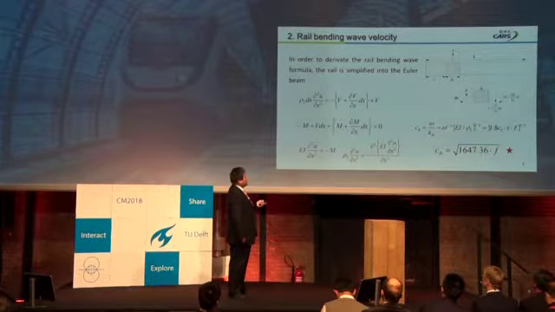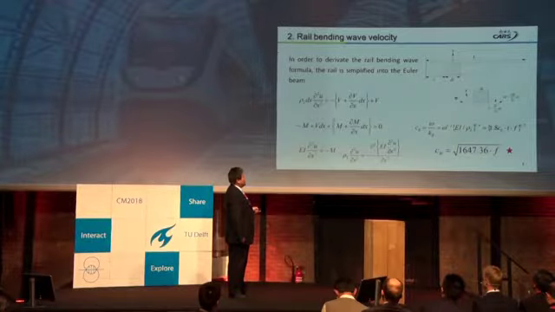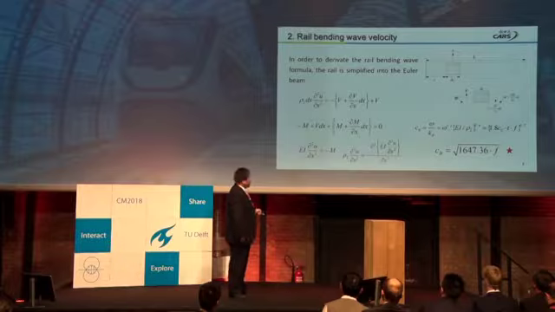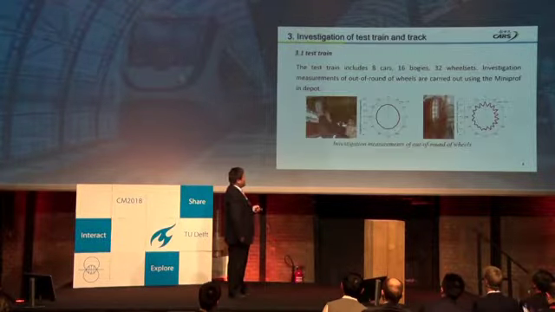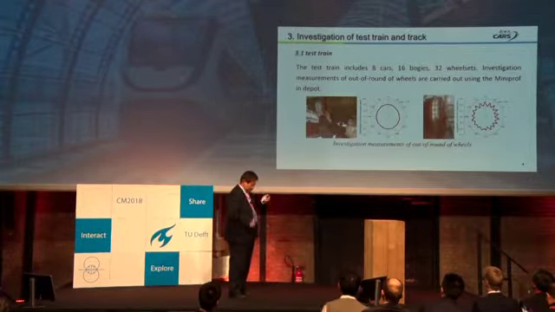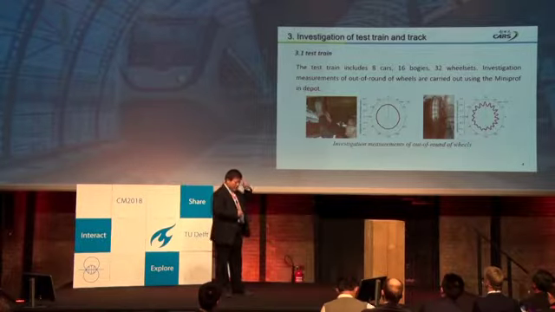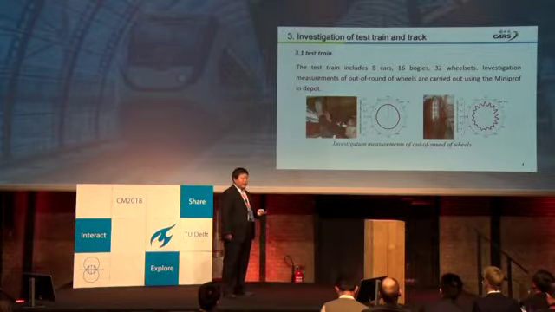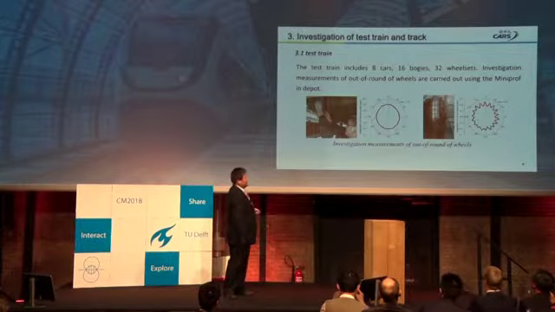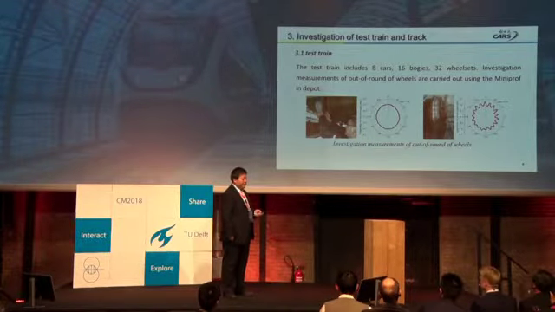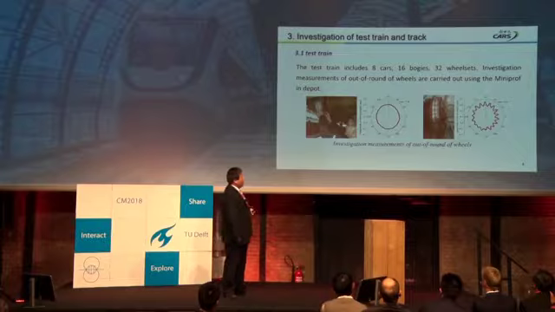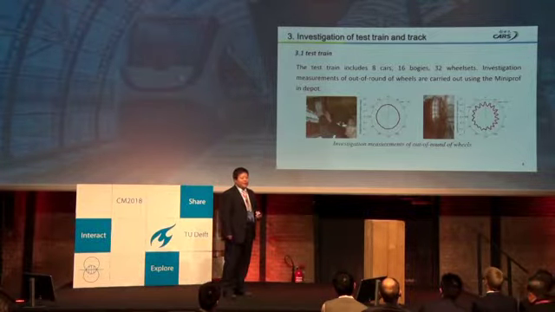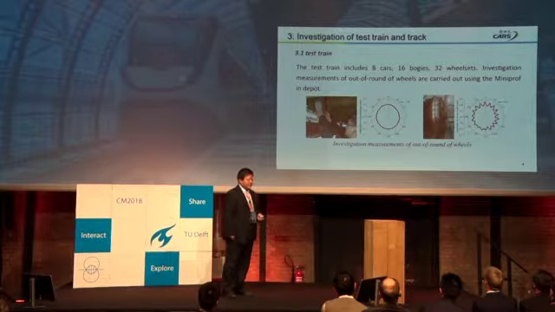Based on these parameters, the rail bending velocity can be simplified like this. Now we have the formula and the Doppler effect, so we have to design some tests to verify the Doppler effect.